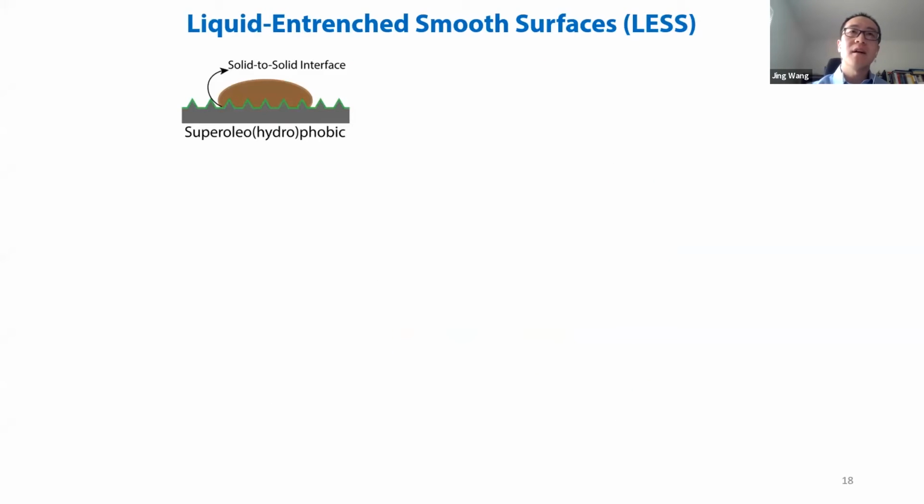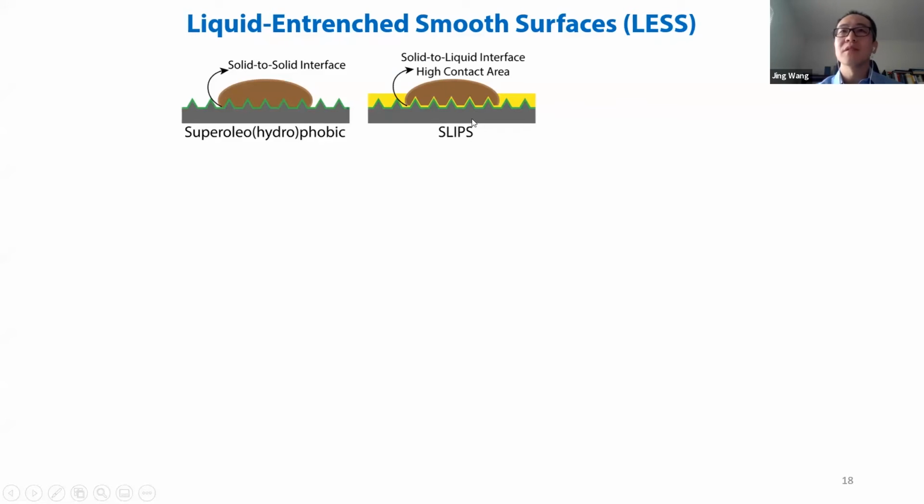So to summarize, we compare with superhydrophobic, super oleophobic surfaces. The fecal waste will be a solid to solid interface, and slippery surfaces will be a solid to liquid interface, but with very high contact area because of the required underlying roughness.